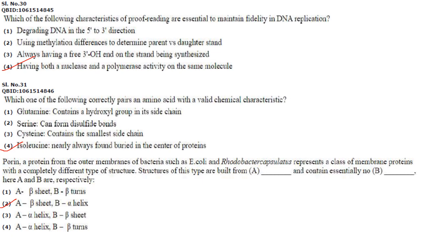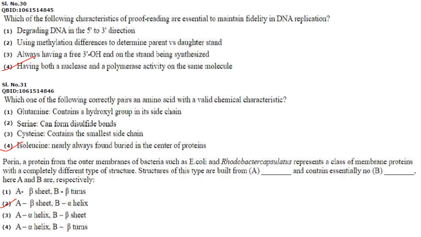Always having a free 3' OH end on the strand being synthesized? No. Having both nuclease and polymerase activity on the same molecule? That is correct. So the fourth option is correct.